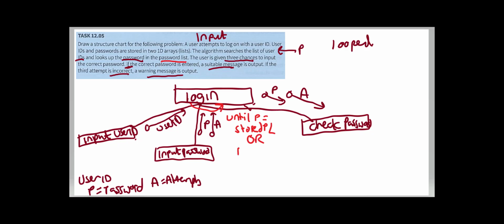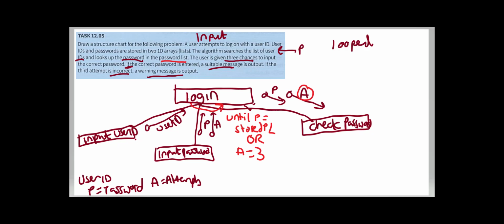So I'm just going to do A for our variable attempts equals 3. And that is linked to this loop. So now I've just done this arrow, which says we want to keep looping all of this 3 times or until we get it right. We're also passing the number of attempts to this check password because we use it again.